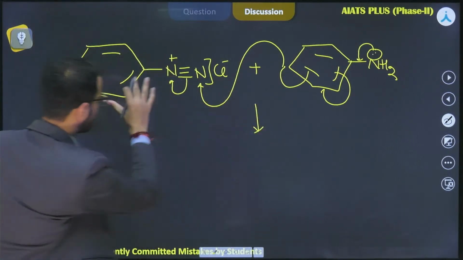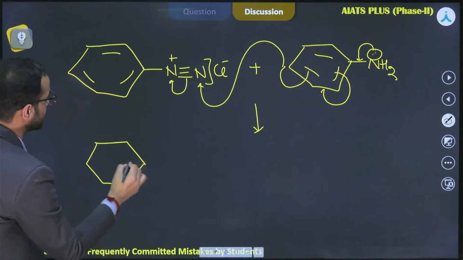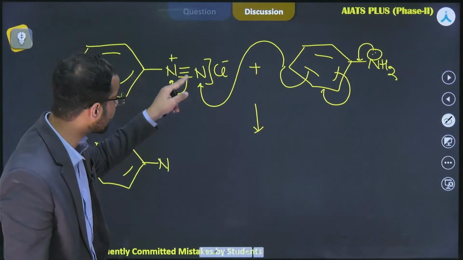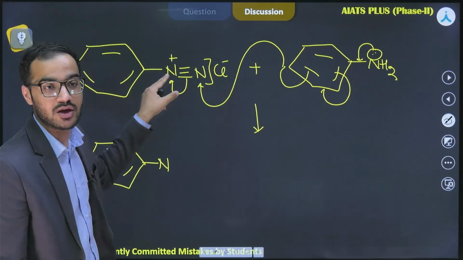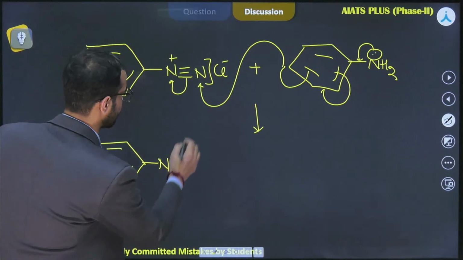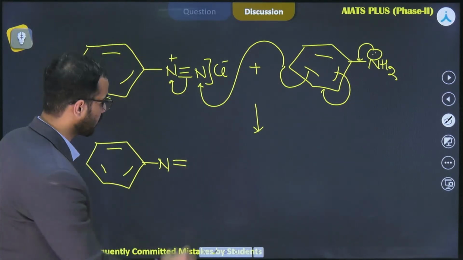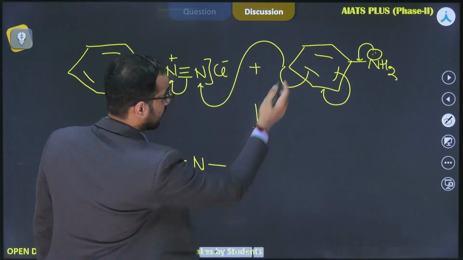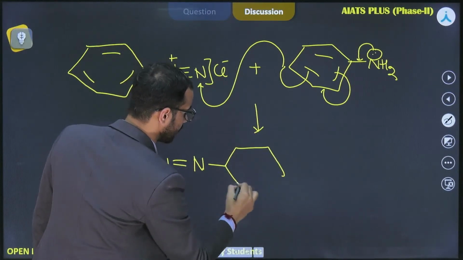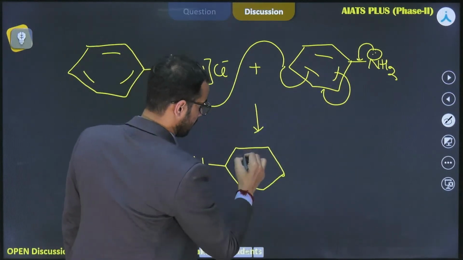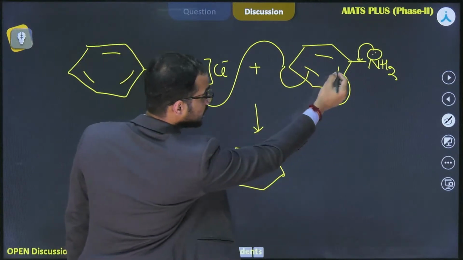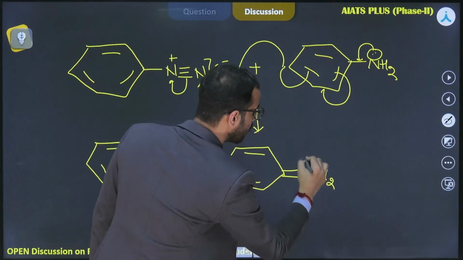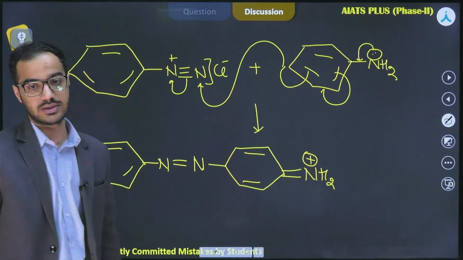And you will be getting, let us say, a benzene which is intact. Nitrogen, if this bond comes to the N positive, you will have a neutral nitrogen. That means the double bond is still here. Now nitrogen is already present here, and now this carbon is reacting. So there will be a double bond over here, and now this double bond will come over here, and NH2 positive will be the case.